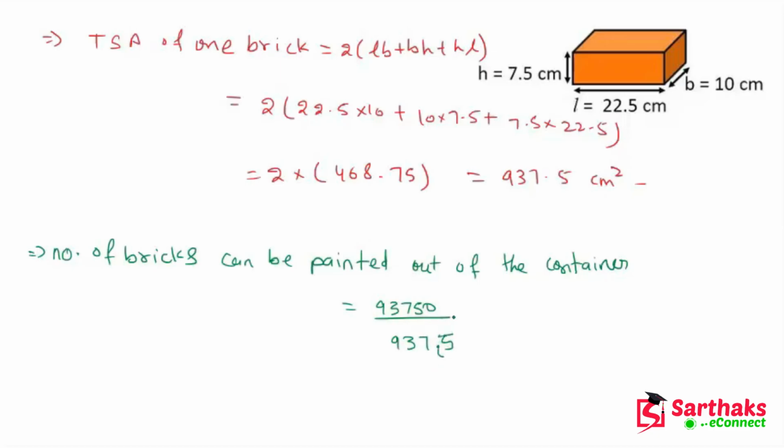If we remove this point, we get 10 in the numerator, so this and this will be cancelled by 10 times. So 10 into 10 is 100.